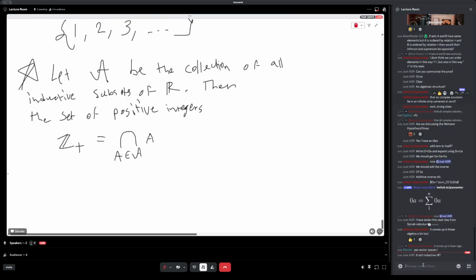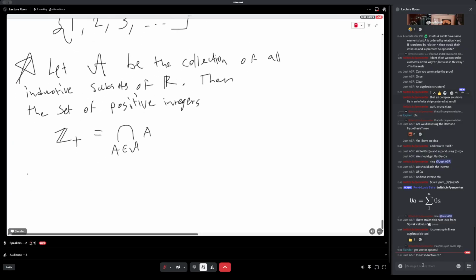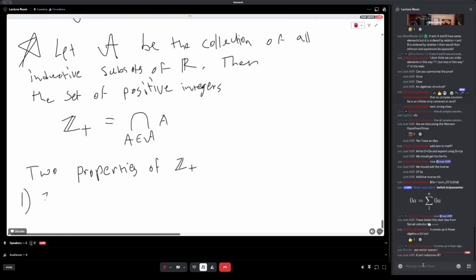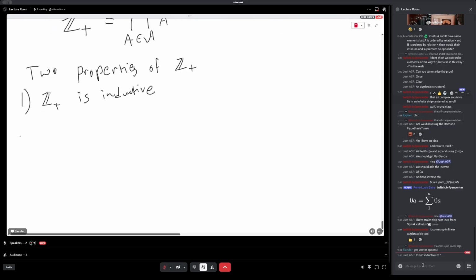Now, following from the definition, we have two properties of Z plus. The first property is that Z plus is inductive. The second property is what we call the principle of induction, or the principle of mathematical induction.